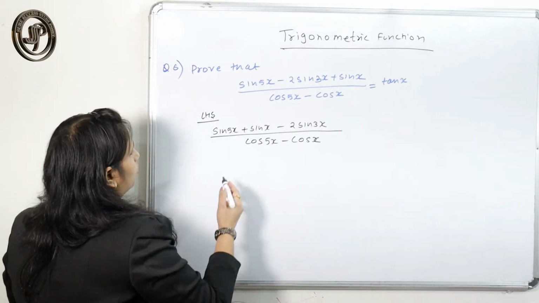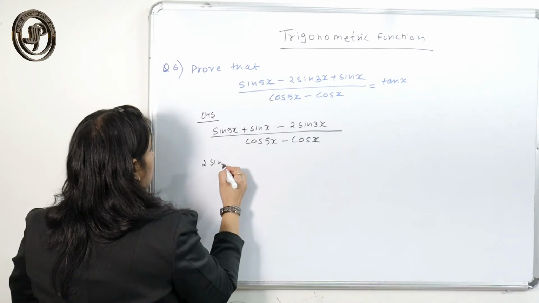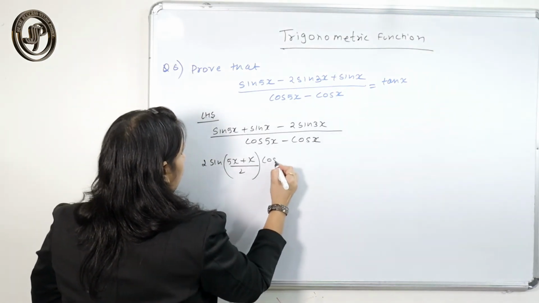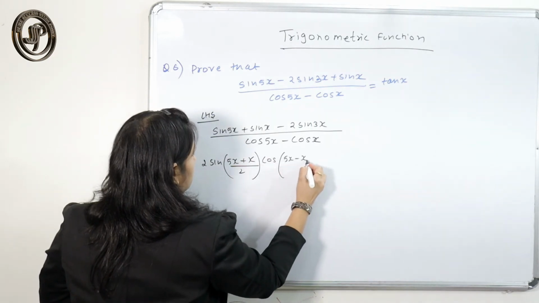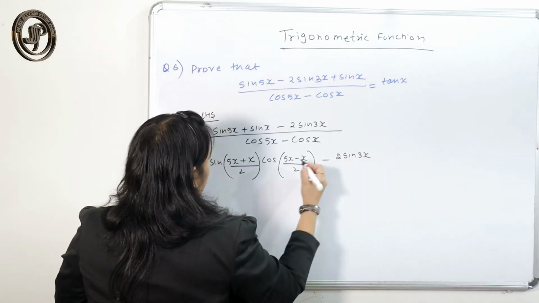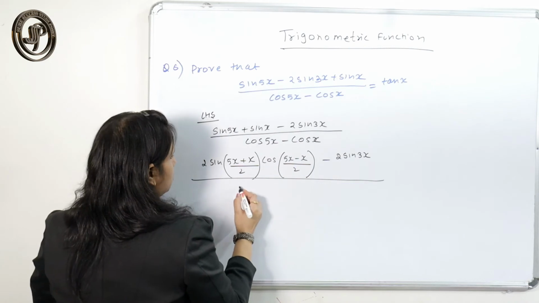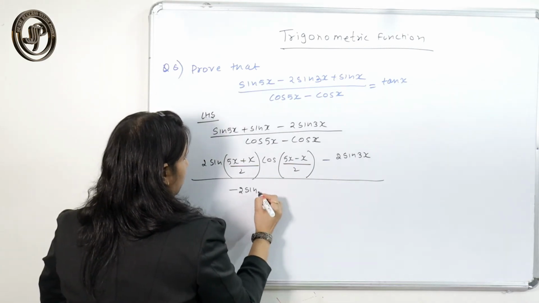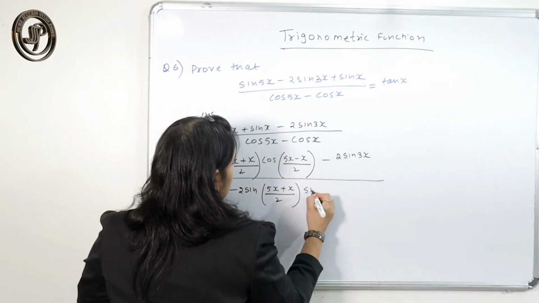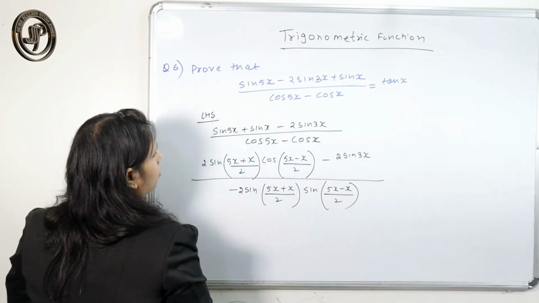Here apply the formula of sin A + sin B, which is 2 sin((A + B)/2) cos((A − B)/2), and cos A − cos B is −2 sin((A + B)/2) sin((A − B)/2).